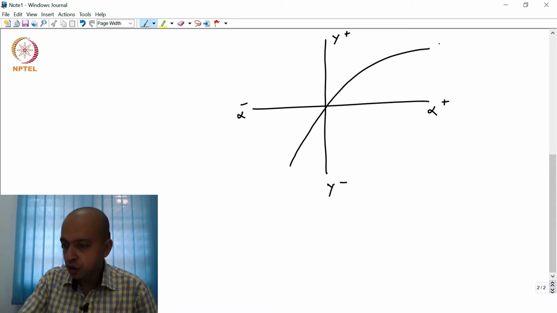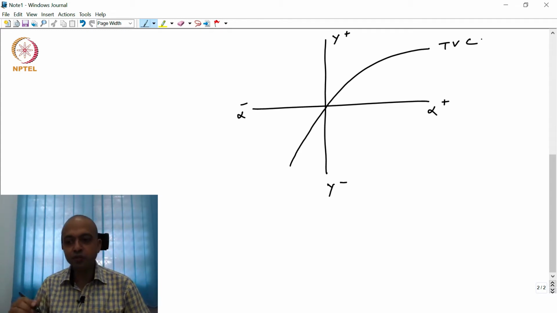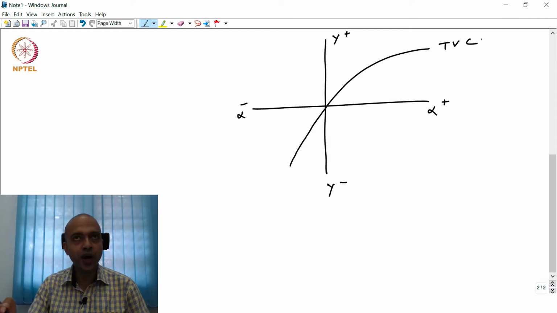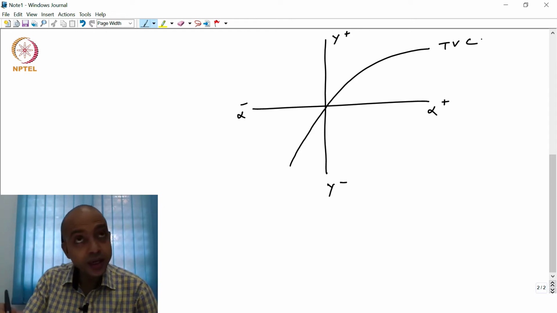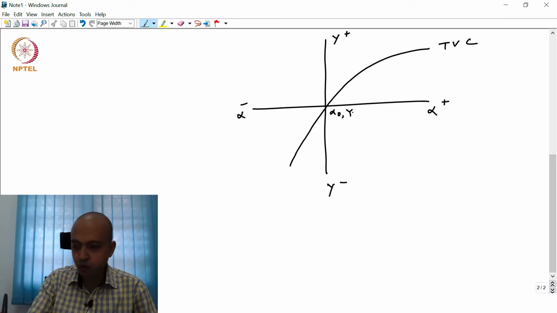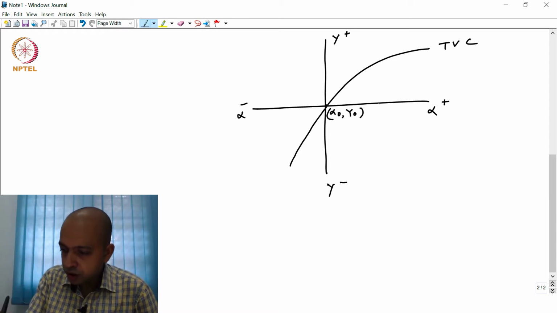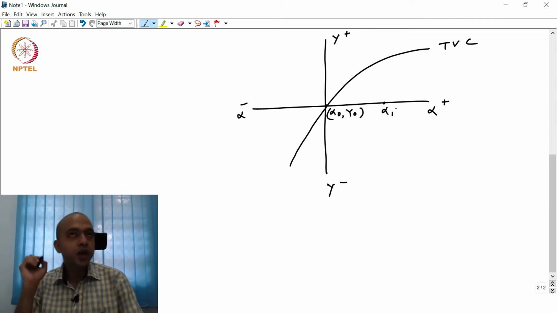This is called the total value curve. It is nothing but different combinations of alpha and y. Let us say that initially the consumer is at this point wherein alpha 0 is the environmental quality and y0 is the composite commodity. From here there is an improvement in environmental quality from alpha 0 to alpha 1.